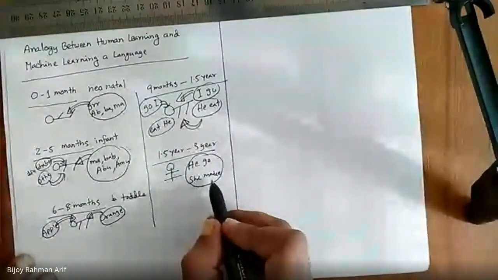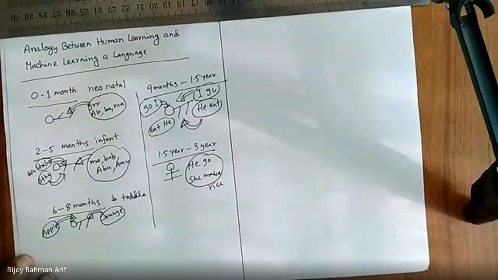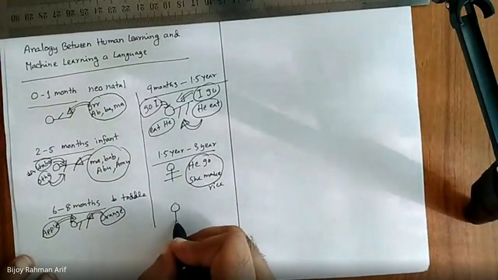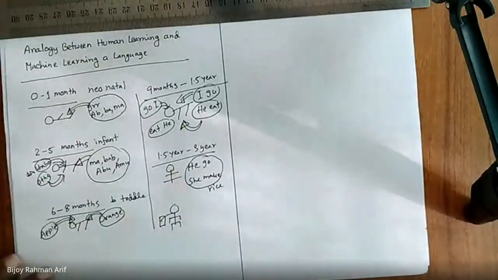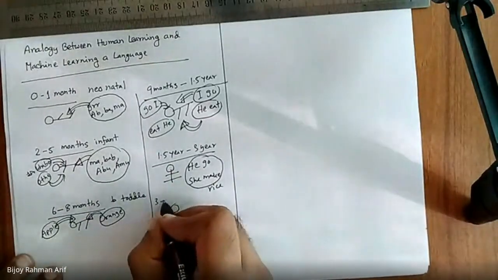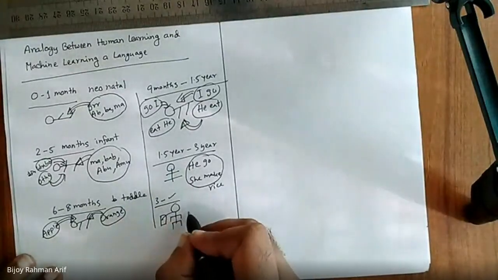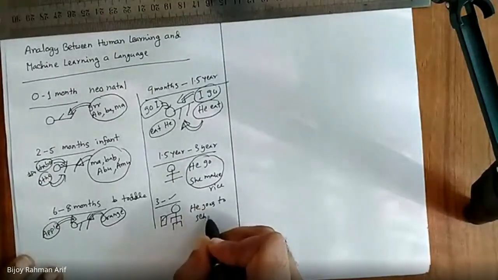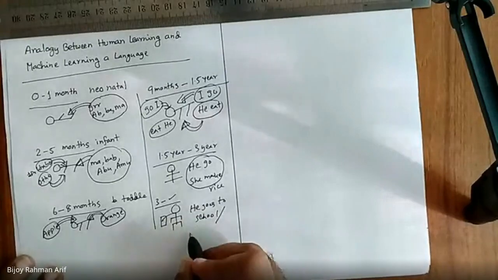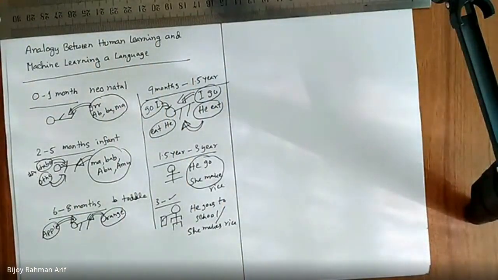He make rice, those kind of things. When he or she starts school, then he learns a little bit about grammar, and so on. Then he or she can make grammatically correct sentences, right? He goes to school, or she makes rice. Okay, this is the total learning procedure of a human being for a language.